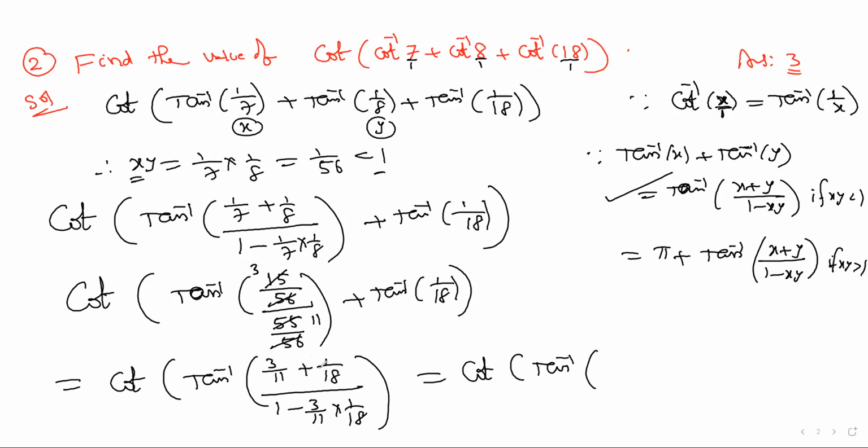After LCM, it becomes 65 by 195. Here 65 ones are 65, 65 threes are 195, get cancelled. Cot of tan inverse of 1 by 3 is nothing but cot inverse of 3. So cot of cot inverse of 3 is nothing but 3. The answer is 3.